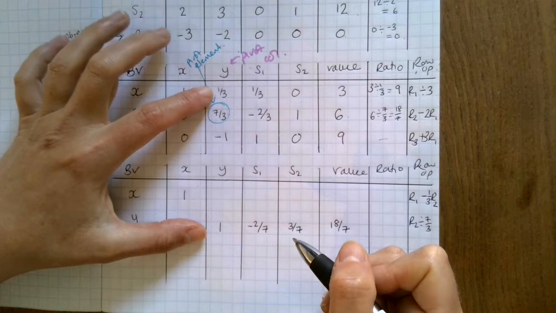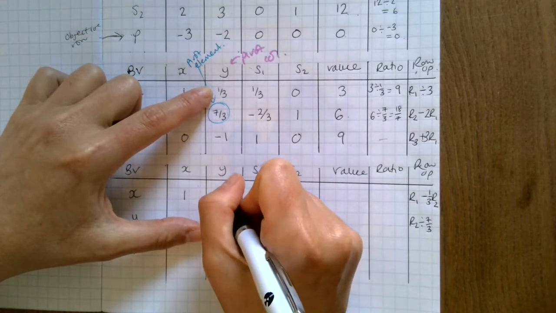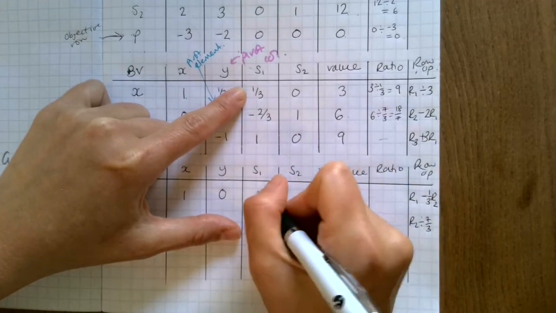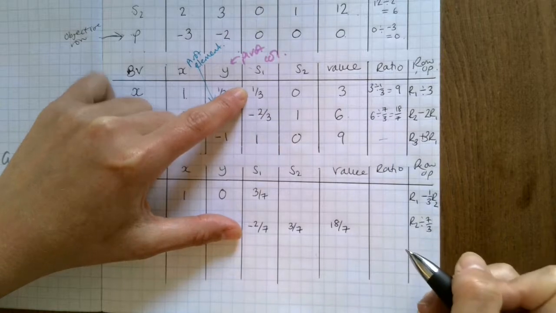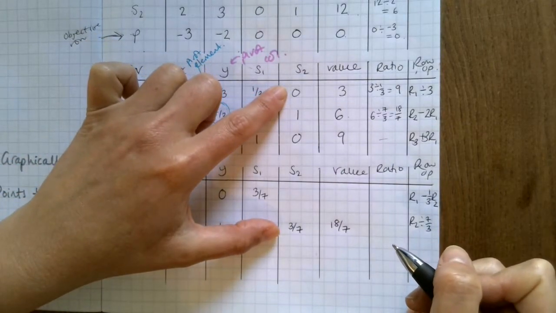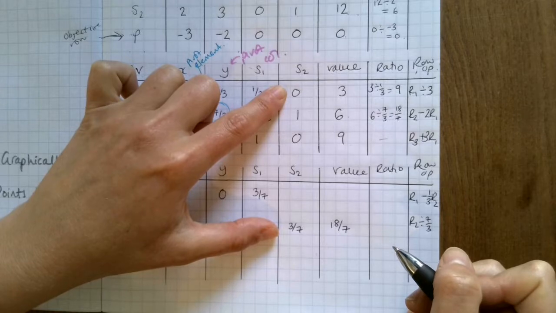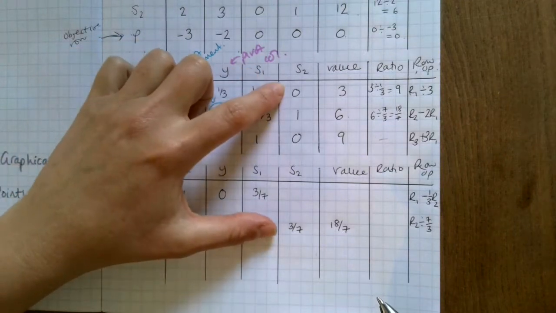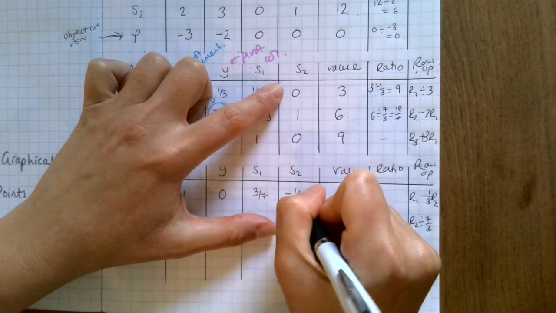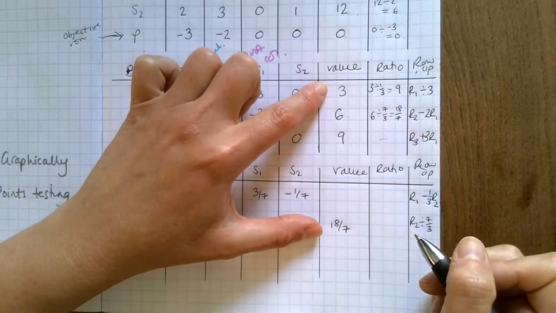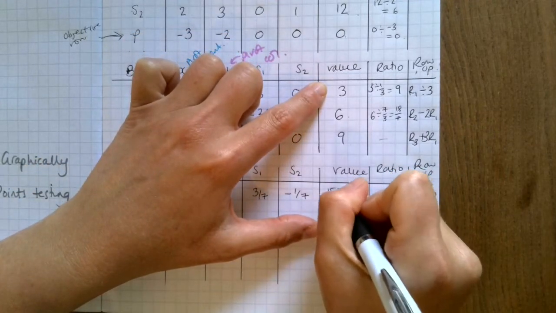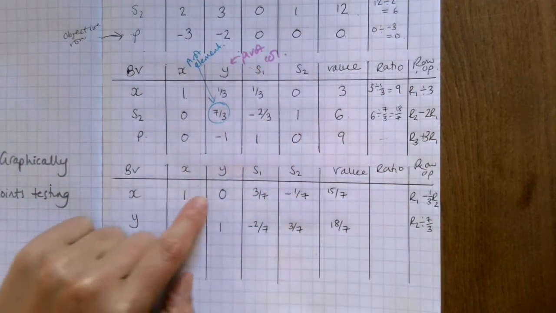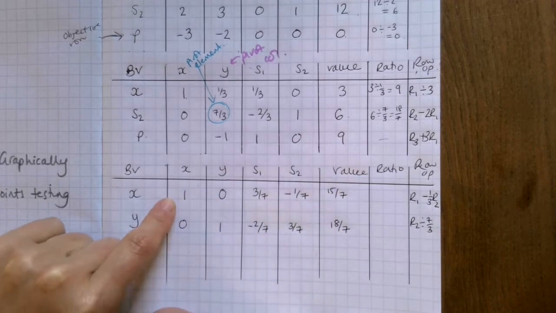That, take away 1/3 of that is 0. That, take away 1/3 of that is 3/7. Sorry, that, take away 1/3 of that is minus 1/7. And that, take away 1/3 of that is 15/7. Okay. So that's the top row done there.